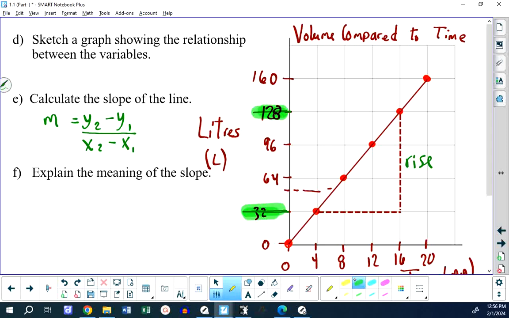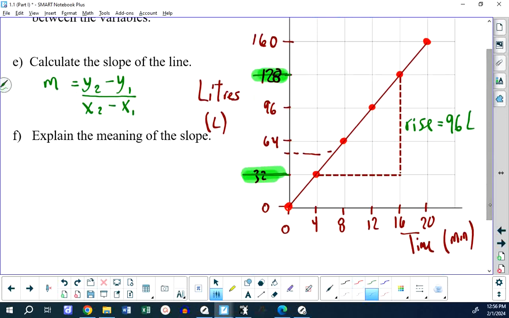So the rise is 96. 96 what? Bananas, cheeseburgers, liters. That's always important. The run is this distance here, and we have to take these 2 numbers and subtract them. Right, it goes from 4 to 16.